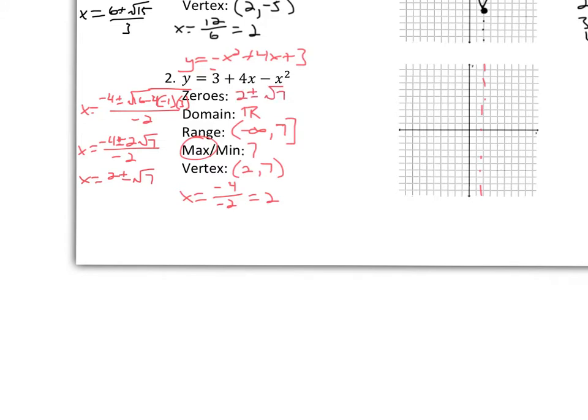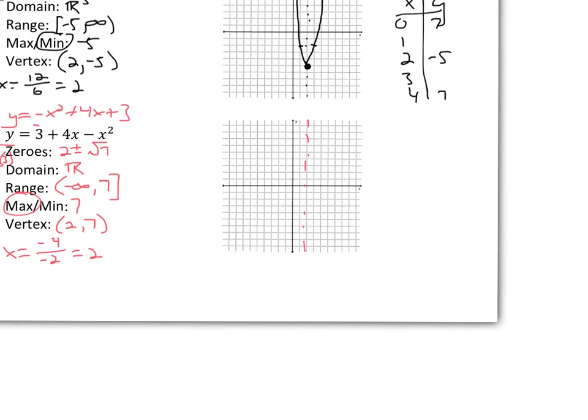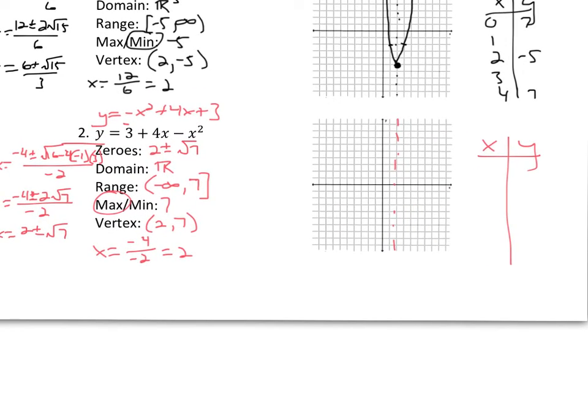Now to graph this, we've got to make our table. All right, so we're making our table here. We got to go around 2, 7. So we got 3, 4, 1, 0. All right, 0 is really easy. You plug in 0 for everything, you're going to get 3. I got to make sure I get 2, 7 in here.